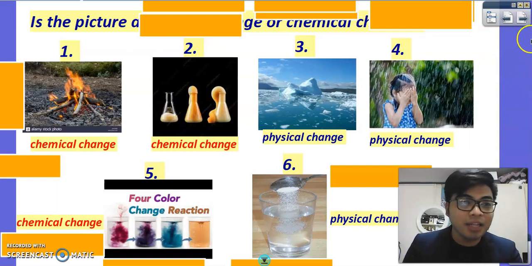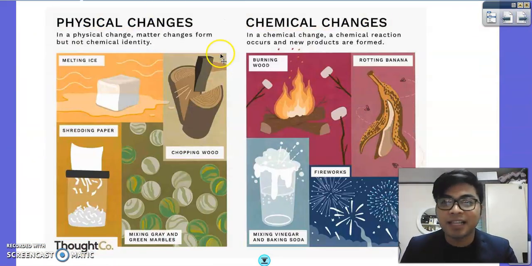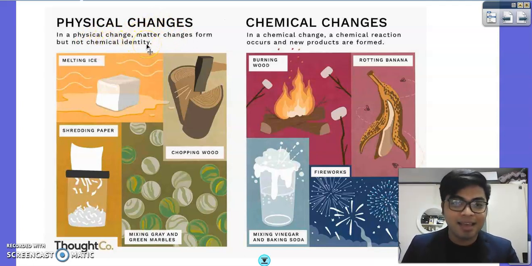Okay? So let's take a look now at the difference between a physical and a chemical change. When you say physical change, it is a change only in the physical matter or in the state of matter, but not the chemical identity. So these are the examples. Chemical changes.